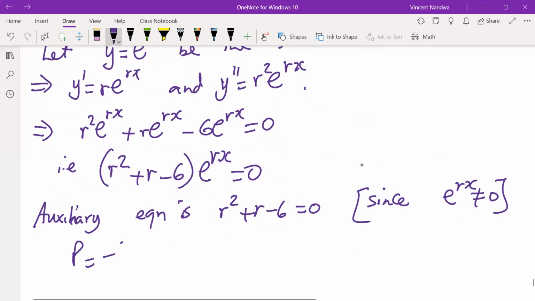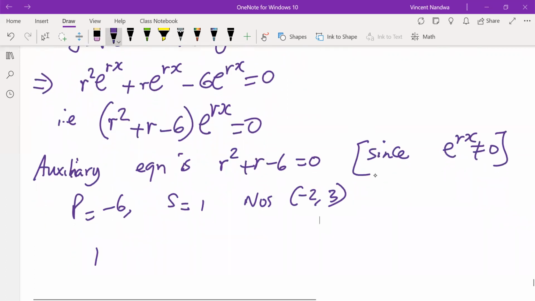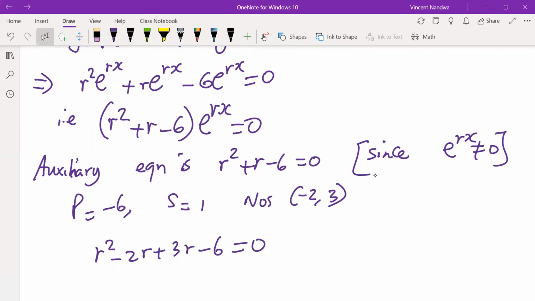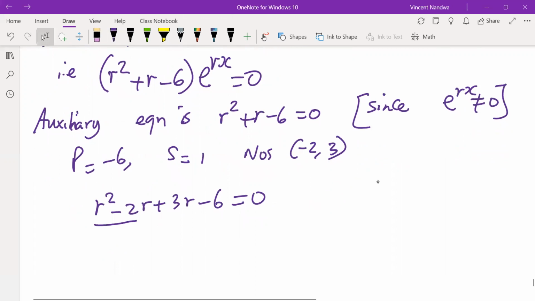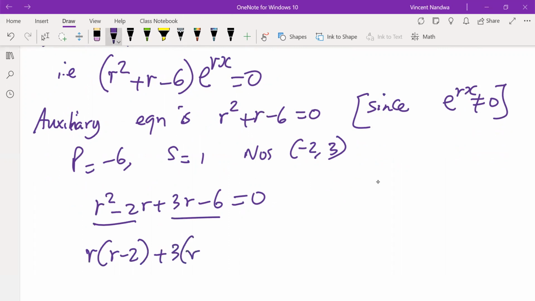So product minus 6, sum 1, so the numbers are minus 2 and 3. So we'll have r squared minus 2r plus 3r minus 6 equals 0. Common factor here gives r minus 2 plus 3 into r minus 2 equals 0.